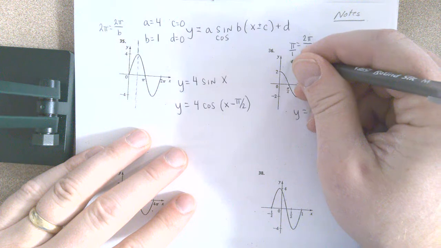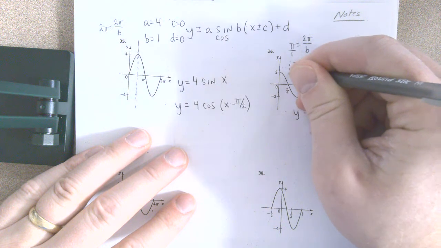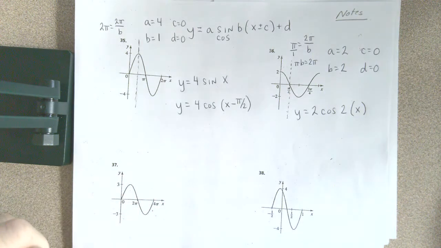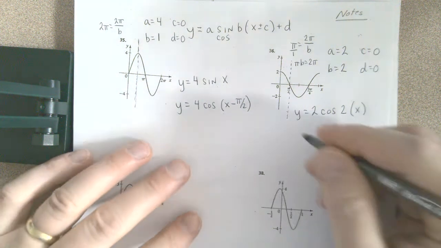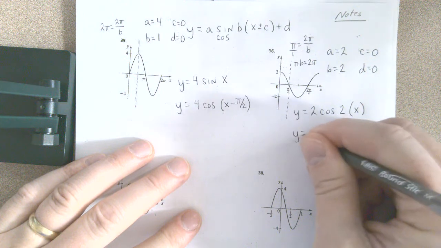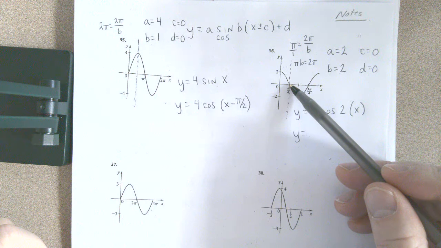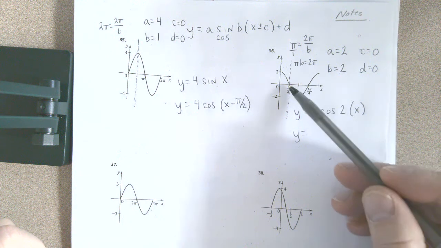The 2 goes out in front of the parentheses, then 2x. Now for my sine curve, you'll notice on the sine curve here, I'm shifting over pi fourths. Also, hopefully you notice that at pi fourths, I'm not going up first, I'm going down first.